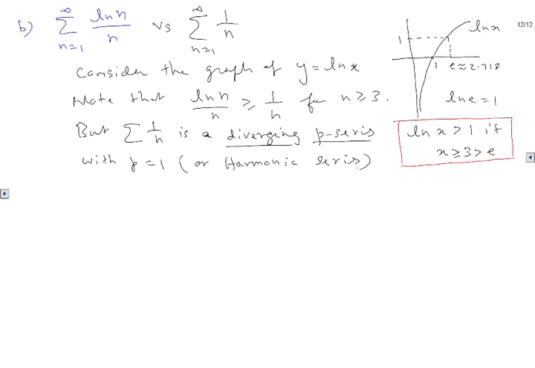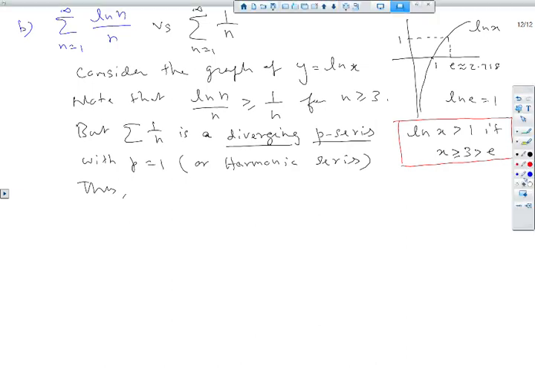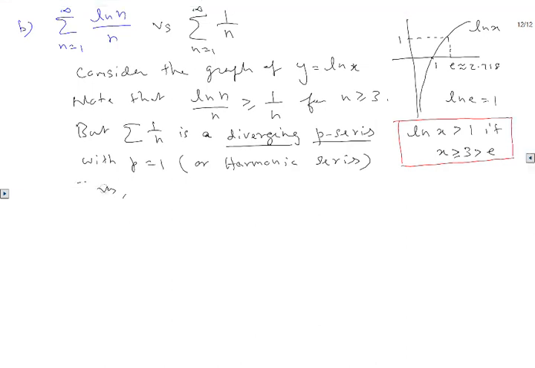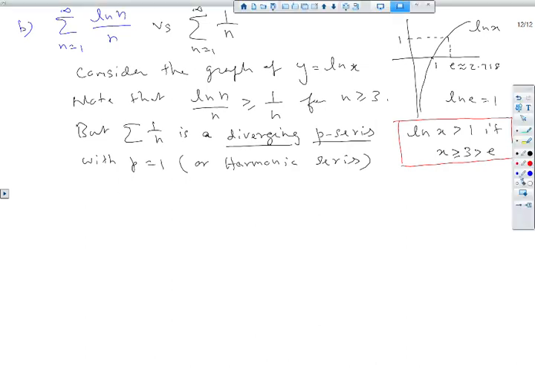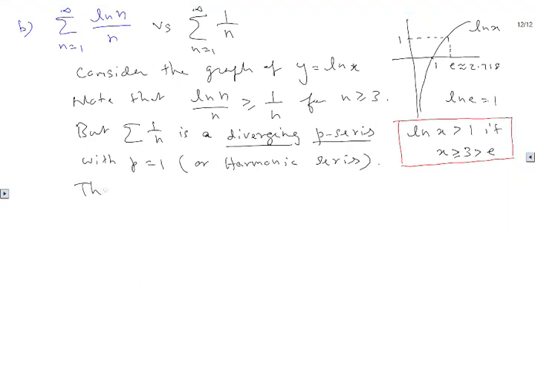Thus, by the direct comparison test, the series n going from 1 to infinity, ln n over n diverges.